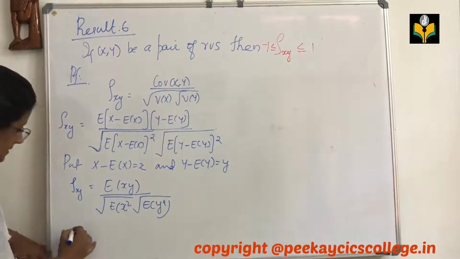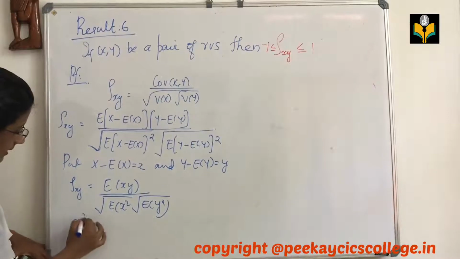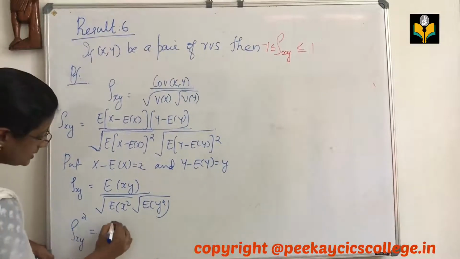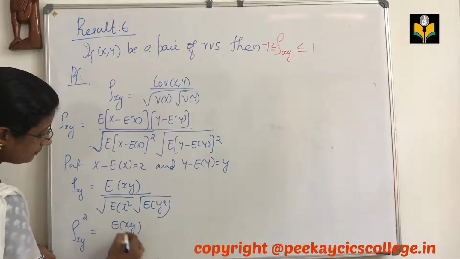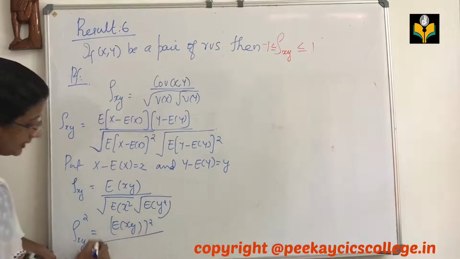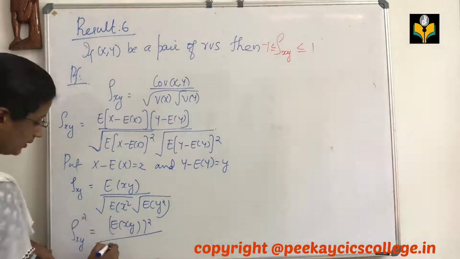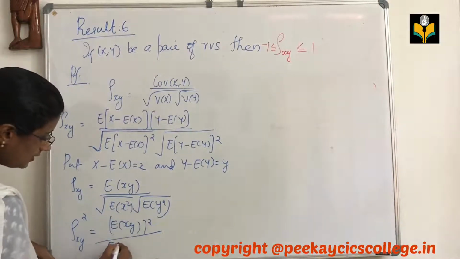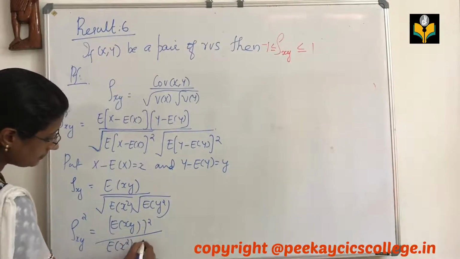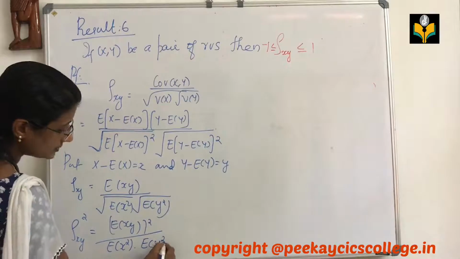Squaring on both sides. അപ്പോൾ rho xy the whole square equal to expectation of xy the whole square divided by, താഴെ സ്ക്വയർ ചെയ്യുമ്പോൾ സ്ക്വയർ റൂട്ട് ഒഴിവായി പോകും. അപ്പോൾ expectation of x square into expectation of y square.